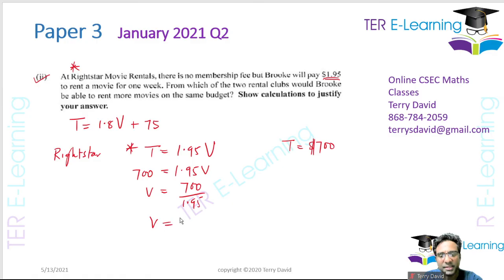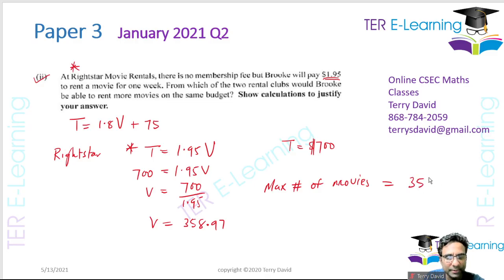So V is equal to 700 divided by 1.95, and that's going to be 358.97. So the maximum number of movies this person can borrow is going to be, remember you have to round down in this case, so 358 movies.